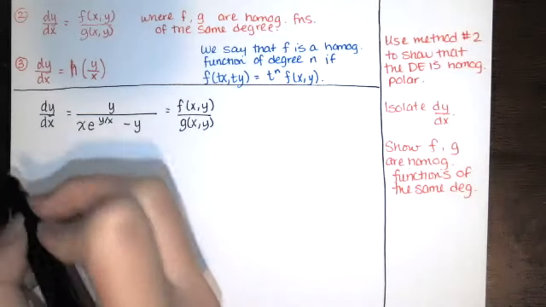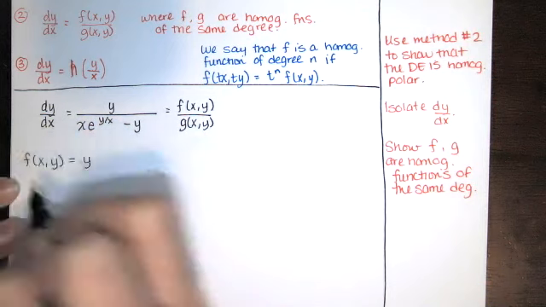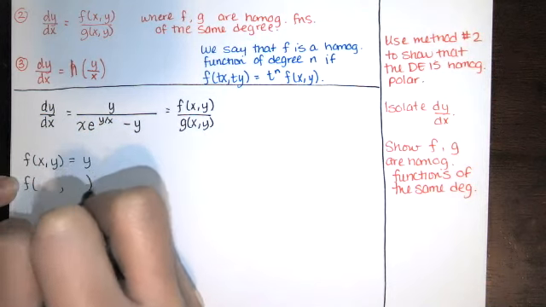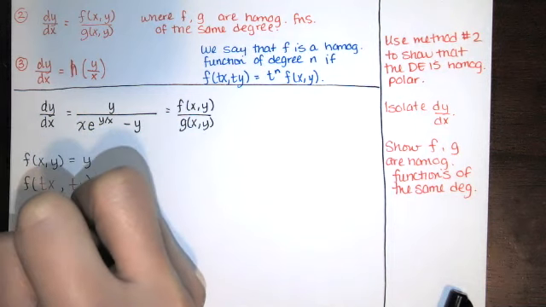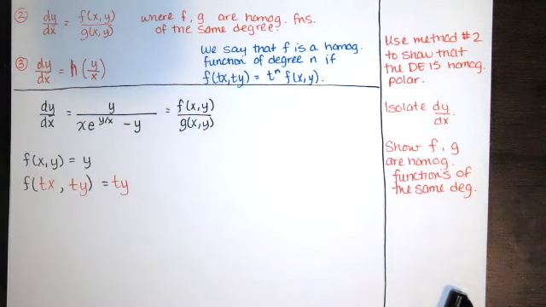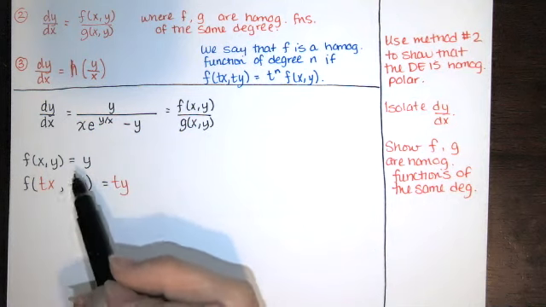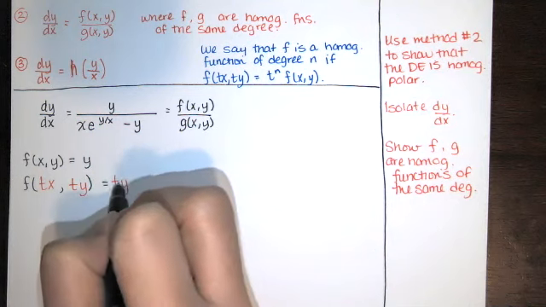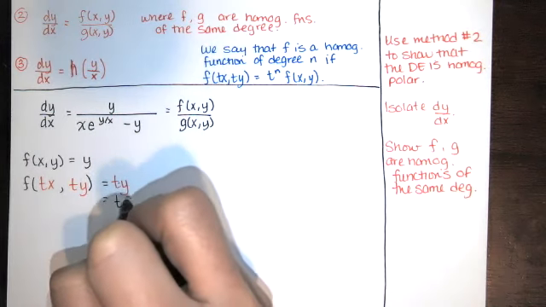All right, so we have f of x and y is just y. We're replacing x with tx and y with ty. And I'm thinking of this now not as t times y, but t times y, and y is actually f.